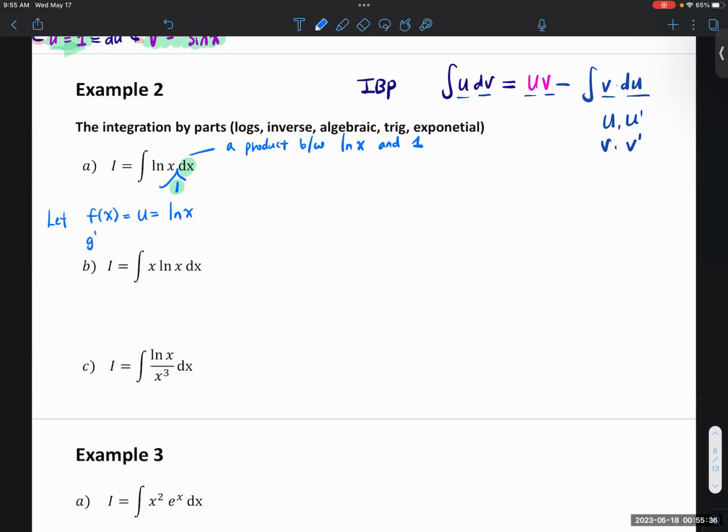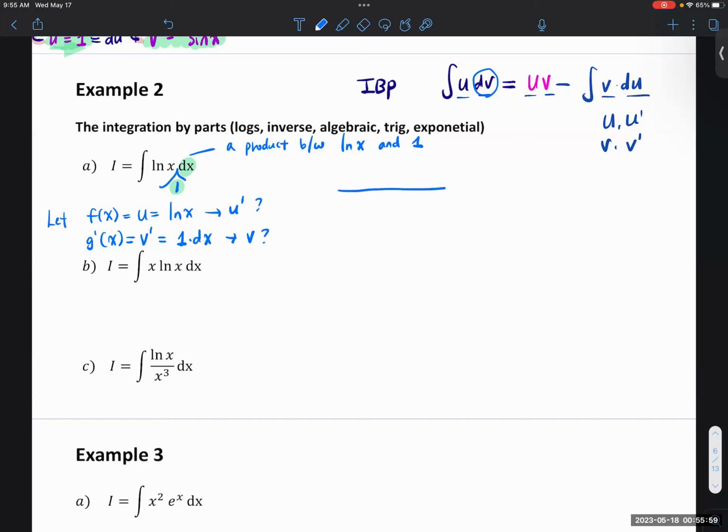So that's a dv, a g prime, which is a v prime, that is already 1 times dx. Okay, so we have all the information, but I need to find out what the u prime and what the v was.